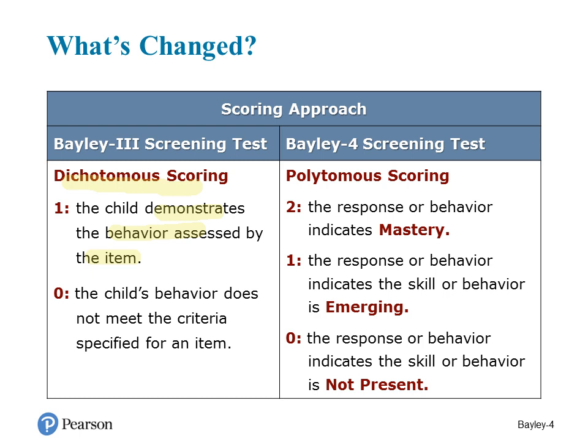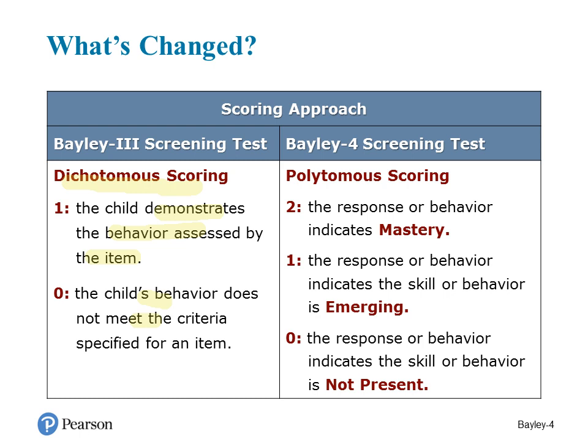We would assign a score of 0 if the child's behavior did not meet the criteria specified for the item. And one of the things that we know about dichotomous scoring is that it is really good at differentiating the child who has mastered a behavior from the child who has yet to learn that behavior. So it's really good at differentiating mastery from not present, if you will, right?